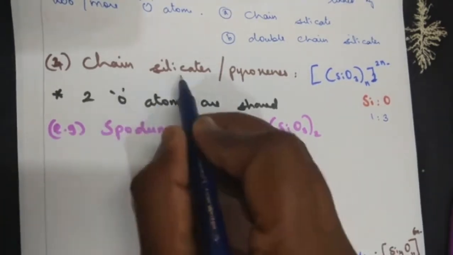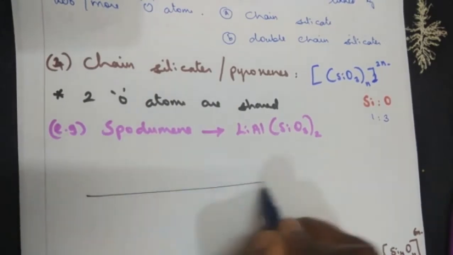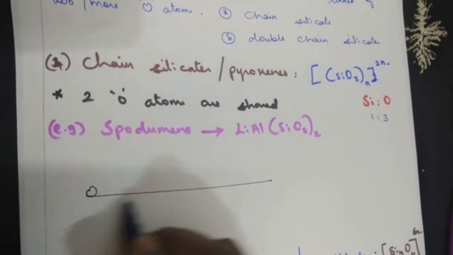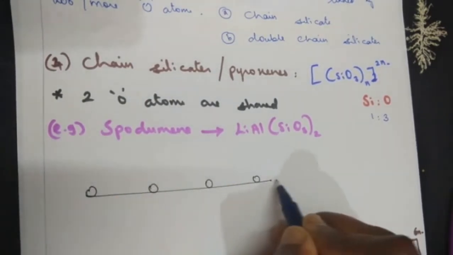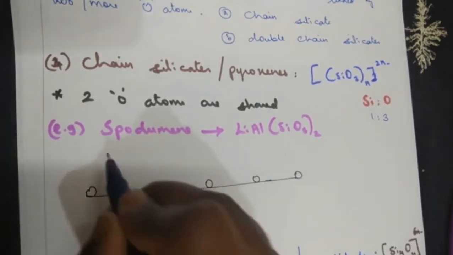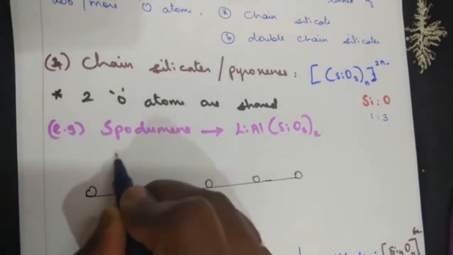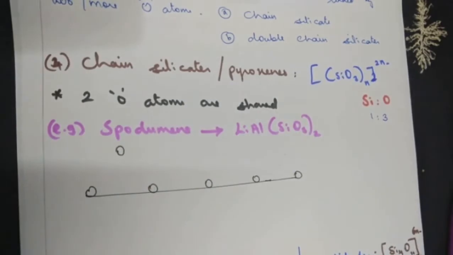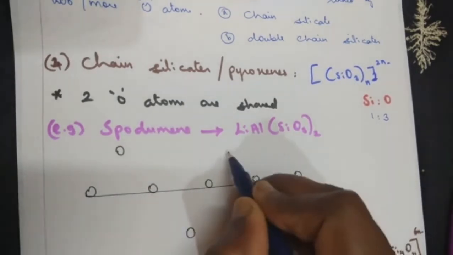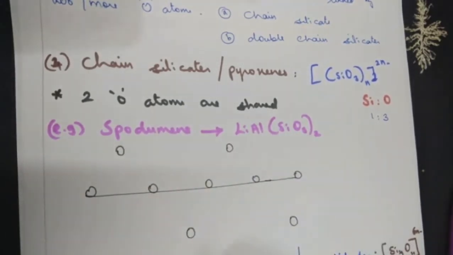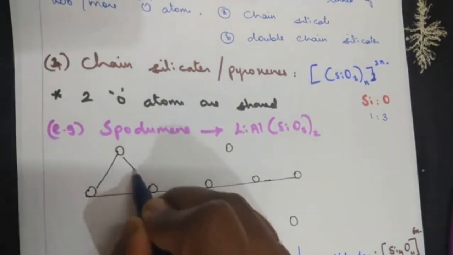All you have to remember for a chain silicate is just draw a line. Any number of oxygen atoms you can take. Now these oxygen atoms on the line: take one oxygen atom above the line and one below the line. One above the line and one below the line. As usual, draw the triangle.